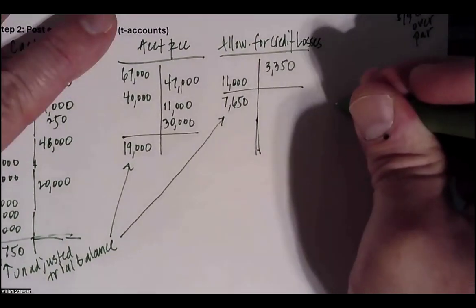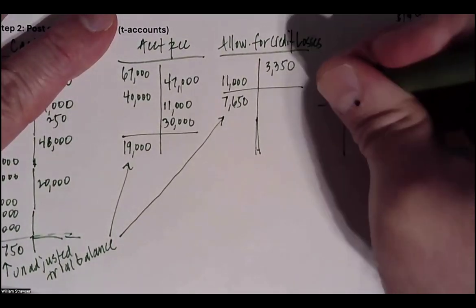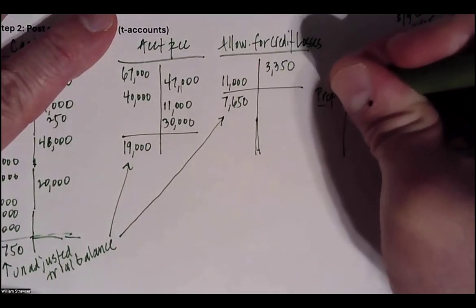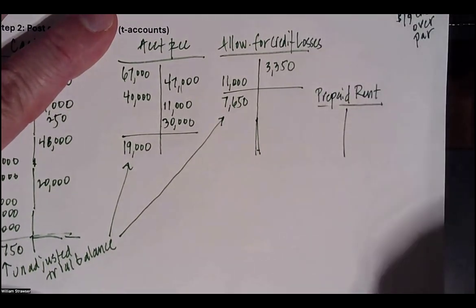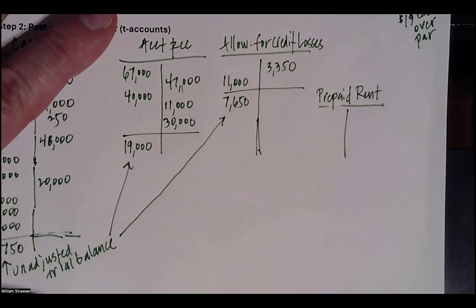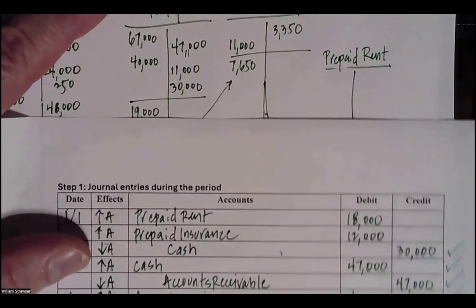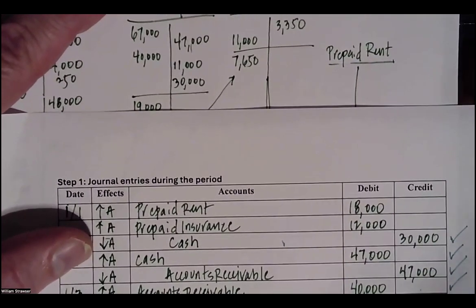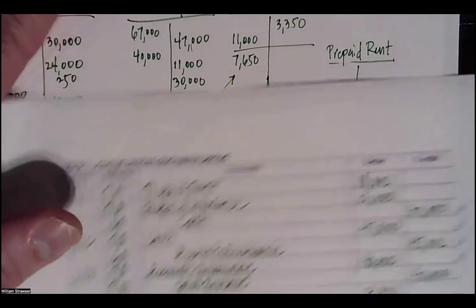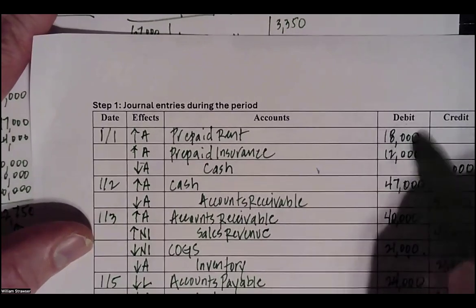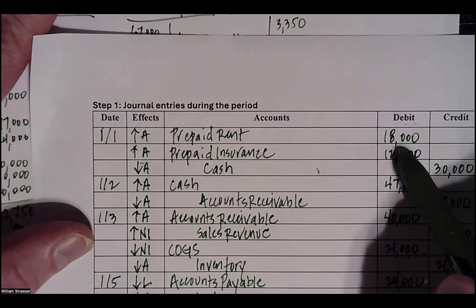So, for example, prepaid rent did not exist when we opened the books on January 1st. The opening of the books happens at like 12:01 a.m., but then during the workday on January 1st, we prepaid some rent.